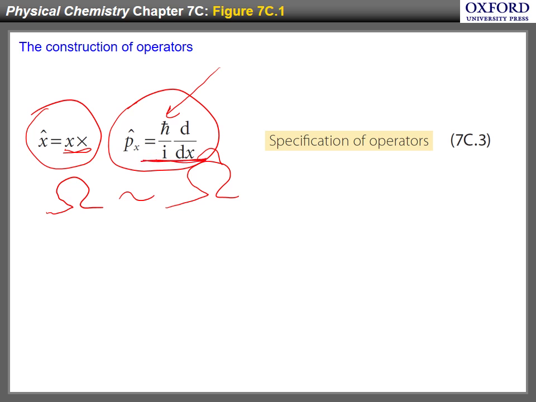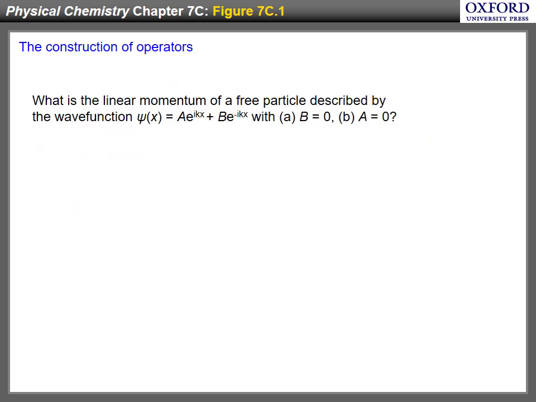So let's try an example and see what it looks like. What is the linear momentum of a free particle described by this wave function right here, in the case when b is 0 and the second case when a is 0?